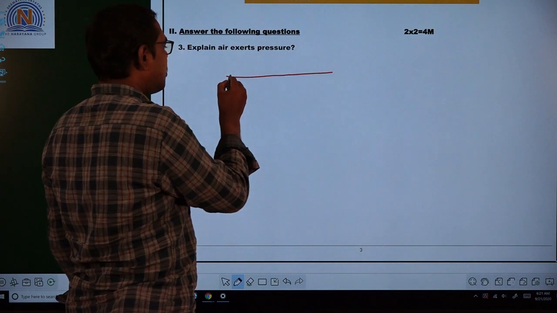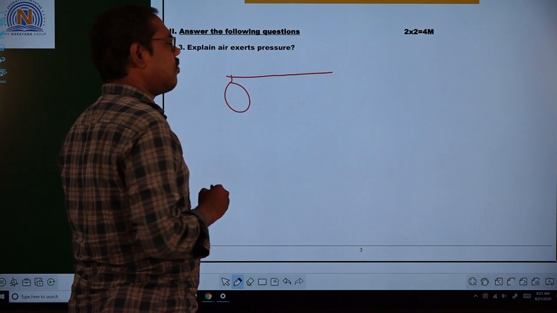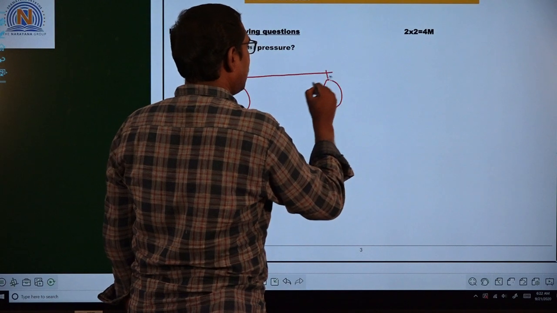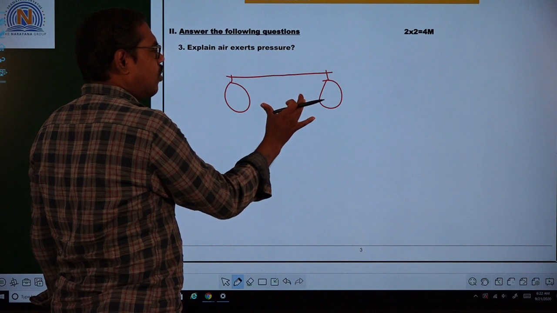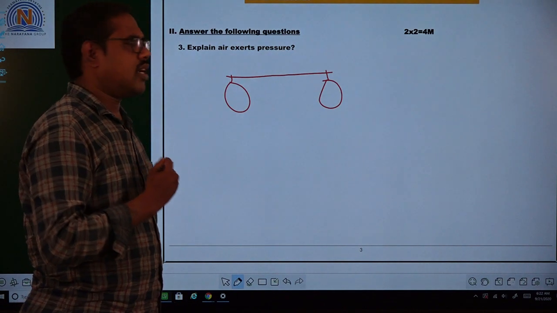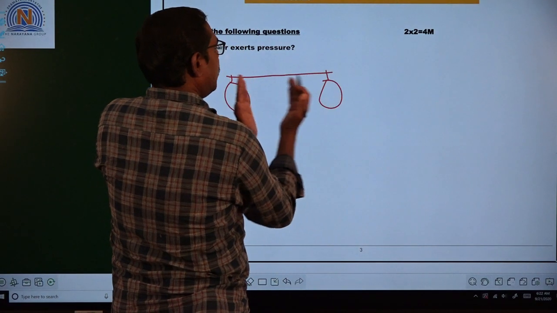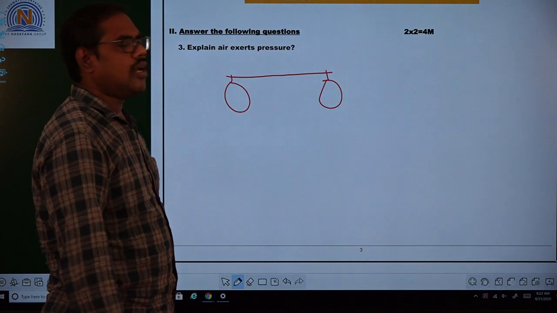One balloon is tied at one end of the rod, the second balloon at the other end. The air pressure between the two balloons is reduced. That's why the balloons come close to each other. So from this experiment we can say air exerts pressure.